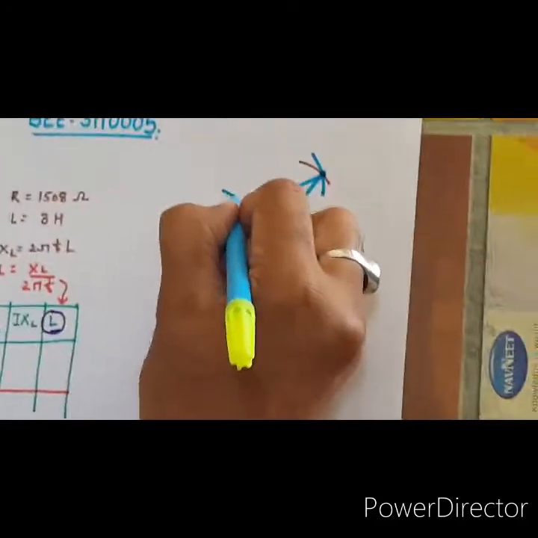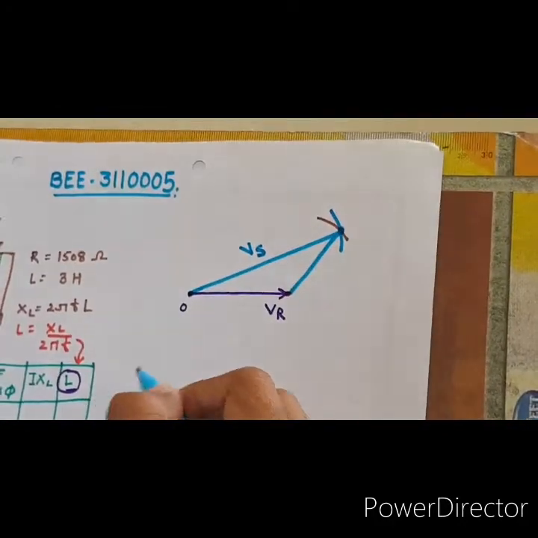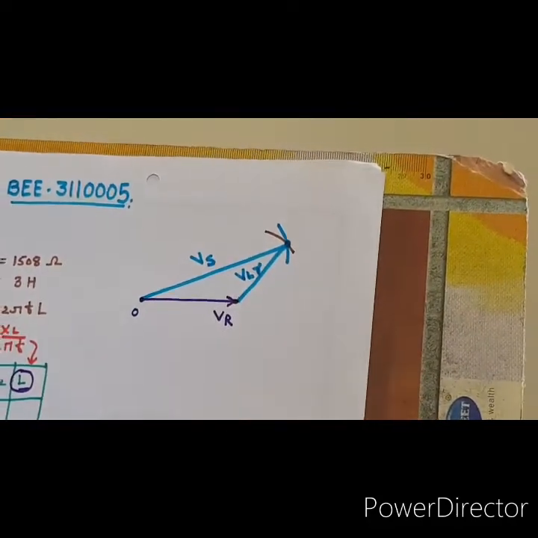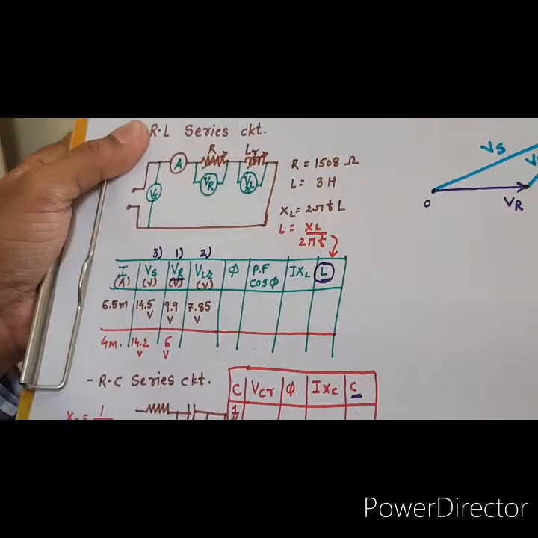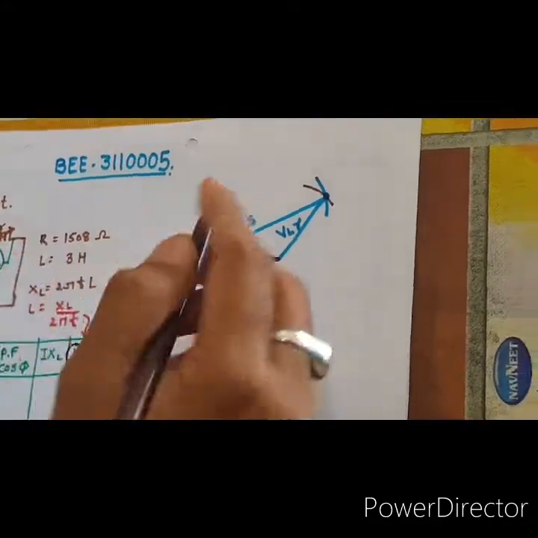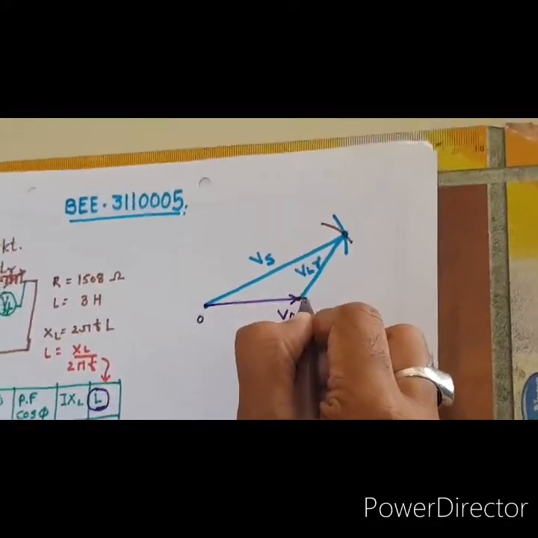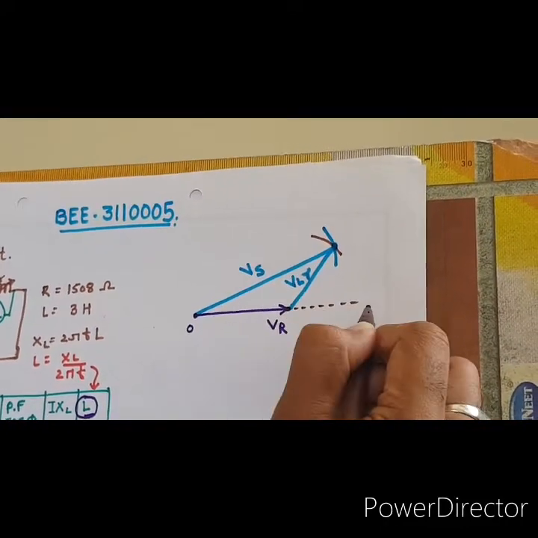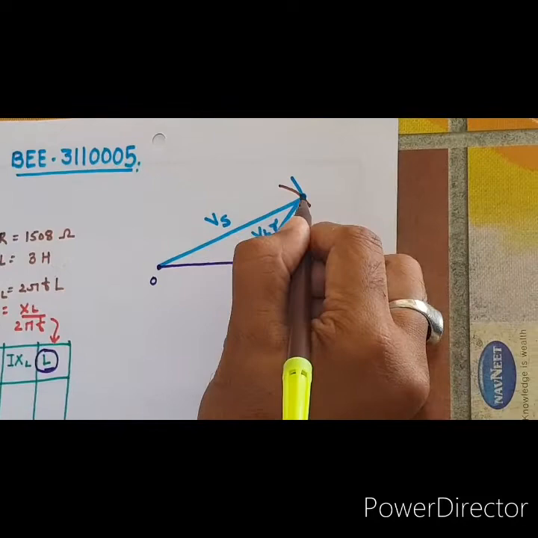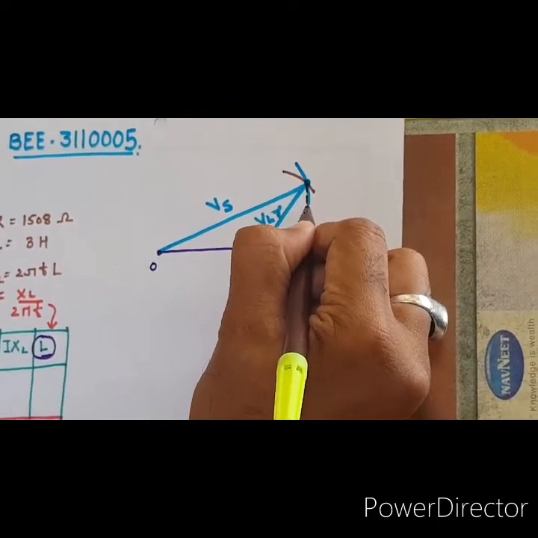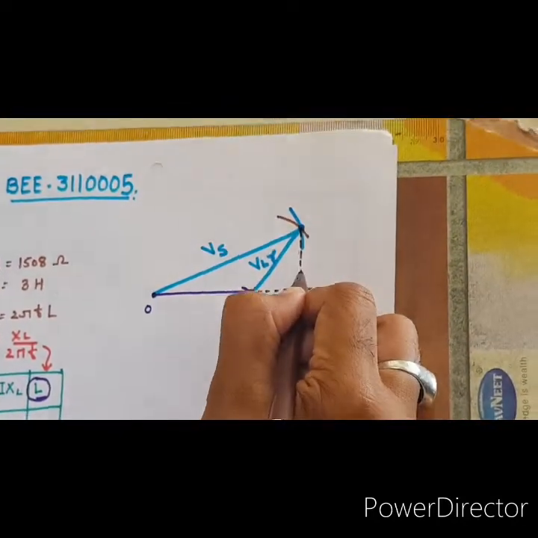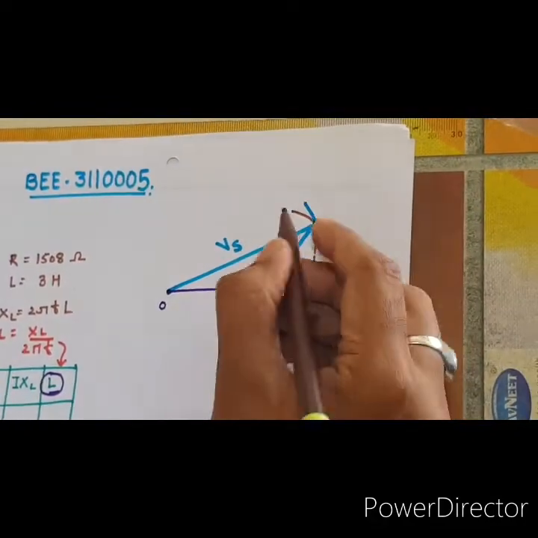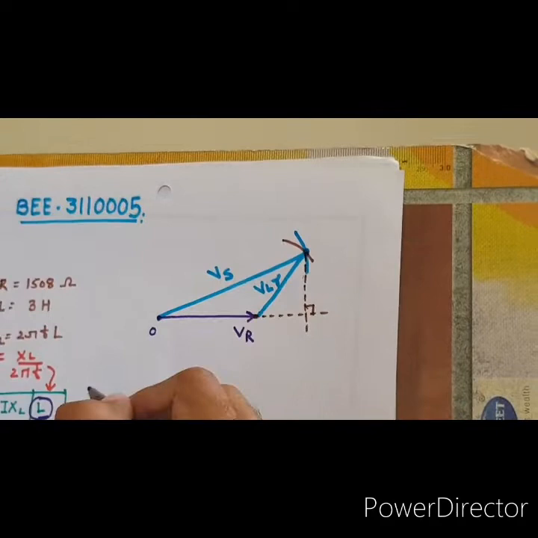So this one is your supply voltage Vs, and this is your VLR, which includes some of the resistive part. Now take the horizontal line from this VR, and put the perpendicular line from the cross section point of VLR and Vs. So this is at 90 degree.